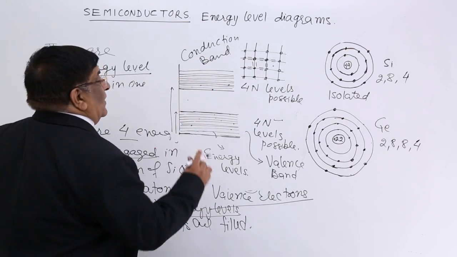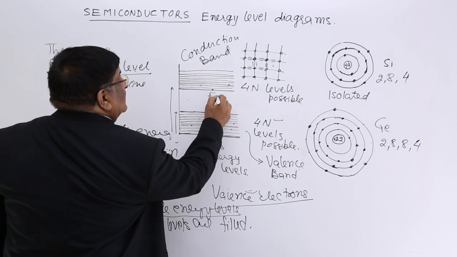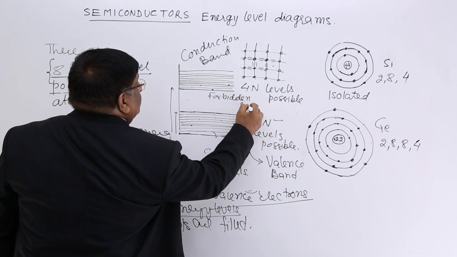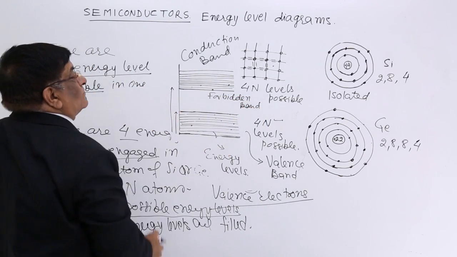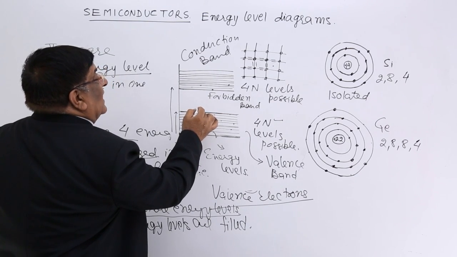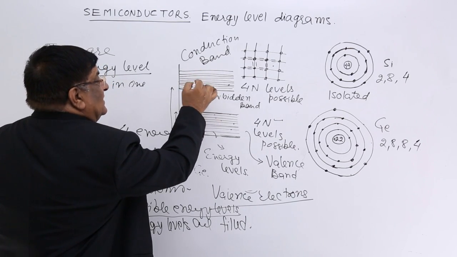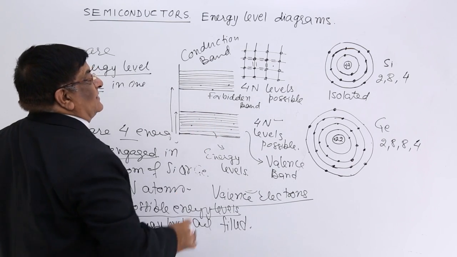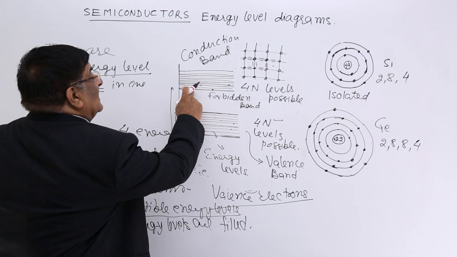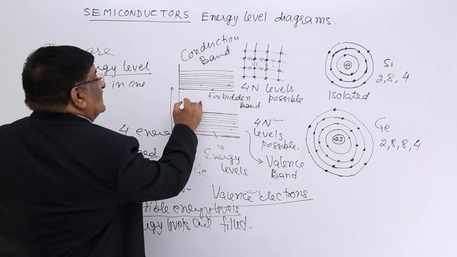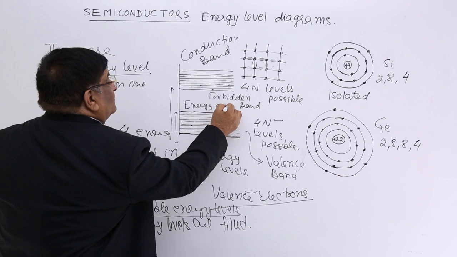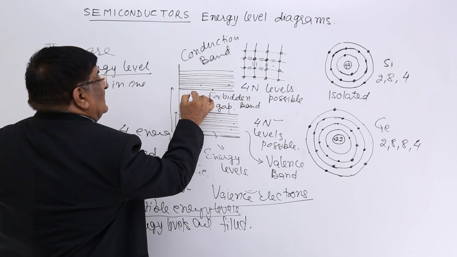There is no electron having this much energy, so we call it the forbidden band. No electron has this energy. Either electrons have this energy or electrons have this energy. This is the forbidden band, and there is a clear gap between the two, which we call the energy gap, that is Eg.